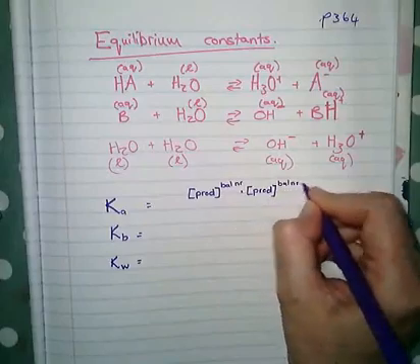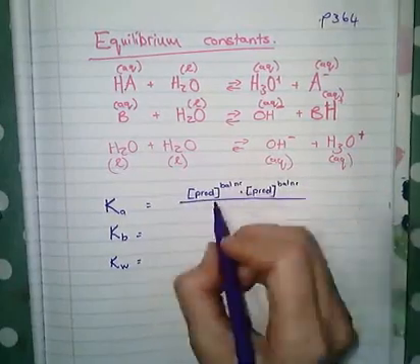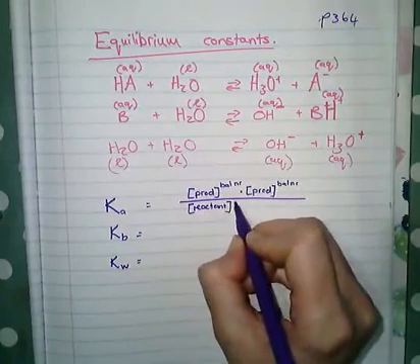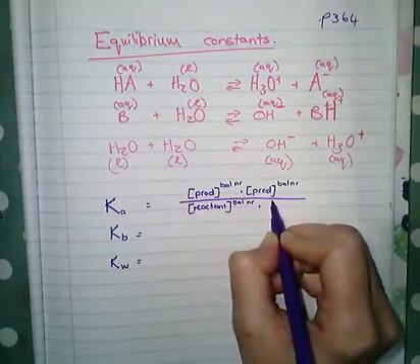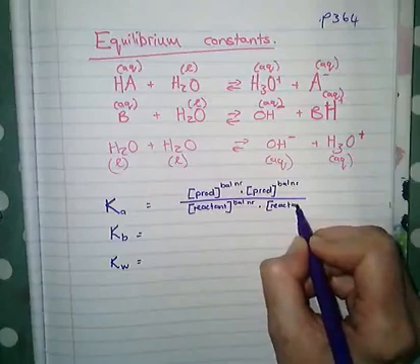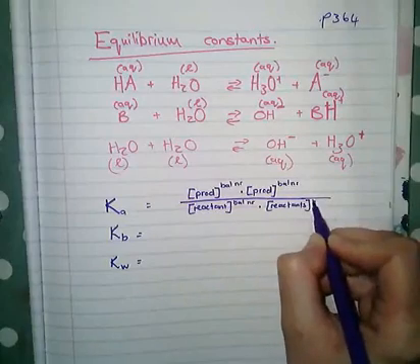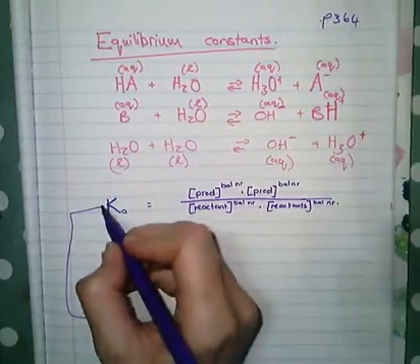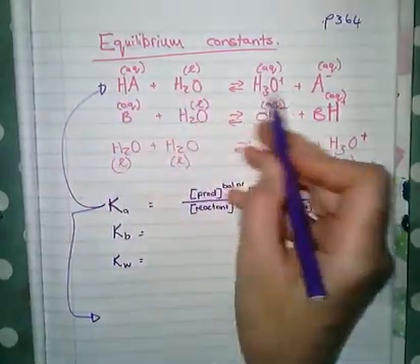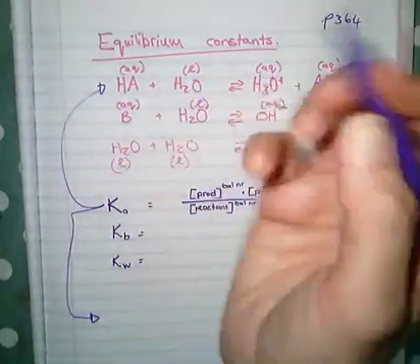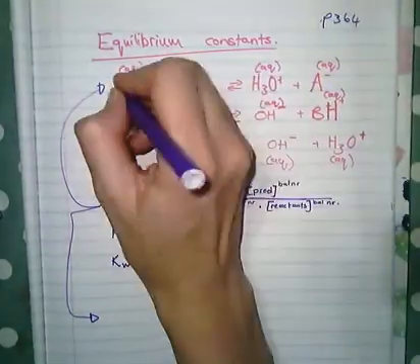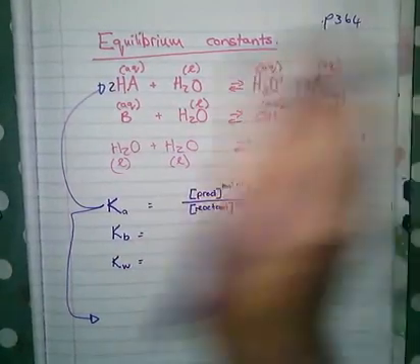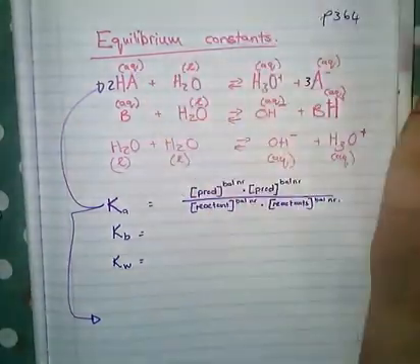So let's say, for example, we have this, HA plus water is H3O plus A. And there we have a balancing number of 2. Let's say there we have a balancing number of 3, just for argument's sake. And let's say here we have a concentration of 0.4 moles per cubic decimeter. This concentration will be 1 because it's a liquid. Yeah, we have a concentration, let's say, of 0.8 and there of 0.2, just for the sake of this example.